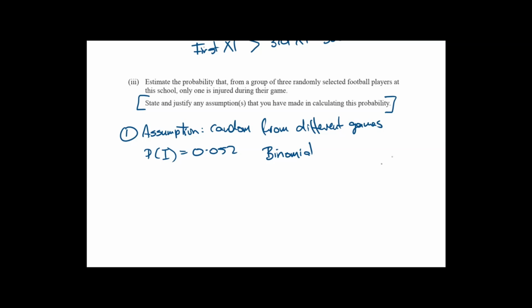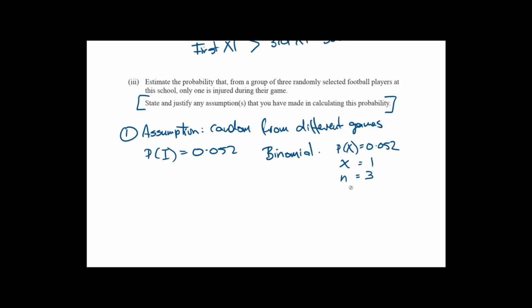In fact, I know you probably could, because binomial comes from probability trees, but it would just be really time consuming. It would be a real pain in the neck. So I'm just going to use the binomial formula. We've got a shortcut, so let's use it. The probability of the event that we want is 0.052. The X that we're looking for is 1, and there are 3 trials.